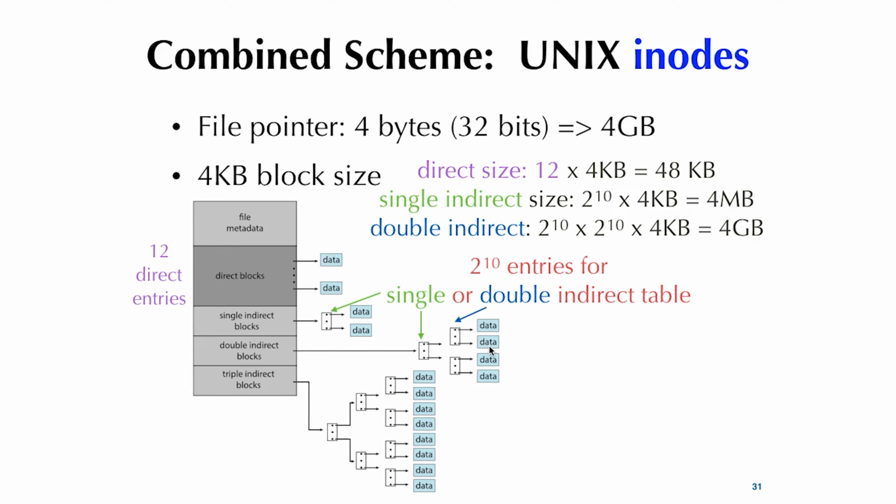So if you go to double indirect, then it's 48K plus 4 megabytes plus 4 gigabytes. And then you could go to triple indirect, and that's going to be really, really big. So it's progressively increasing the overhead as your file size gets larger. But by that time, you wouldn't care as much about the overhead when your data is so much larger. So this scheme scales well.